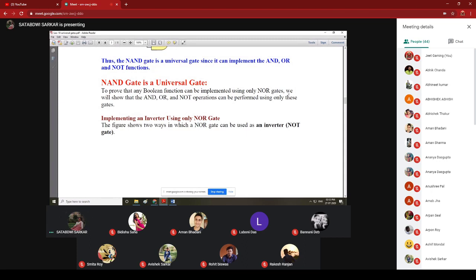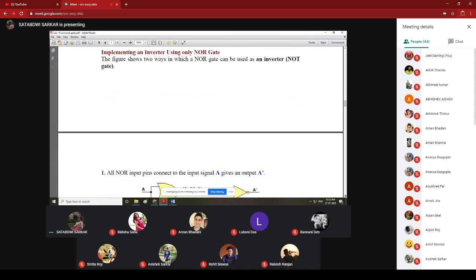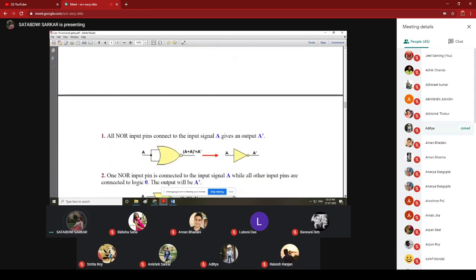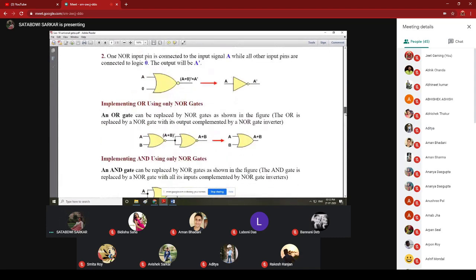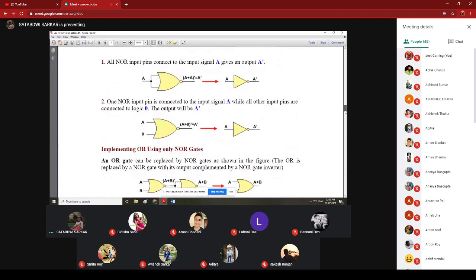So now we have to prove NOR gate. Is NOR a universal gate or not? So again we have to show the AND, OR and NOT operations using this NOR gate. Here the NOR input pins are connected to the input signal A, and this gives an output A complement.